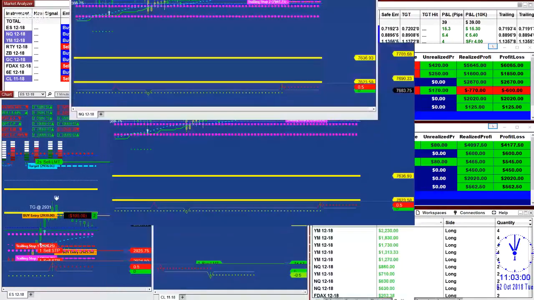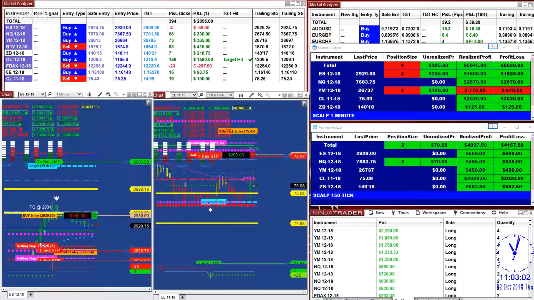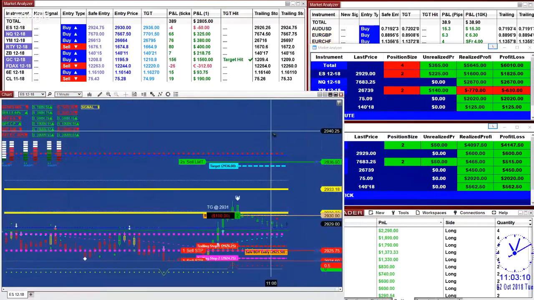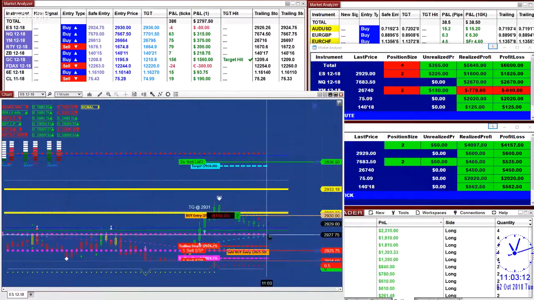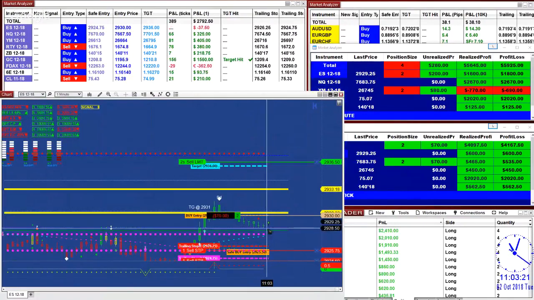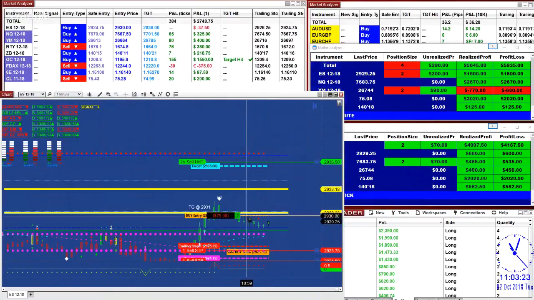For the ES, it's not going to go anywhere. On the ES you have the mid band, you've got this double support line, and you have the projection. So this is an entry actually, but the auto trade here takes the trade.